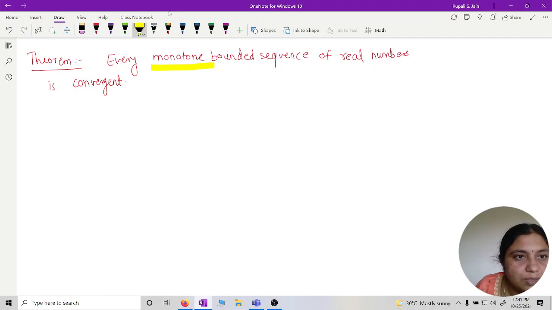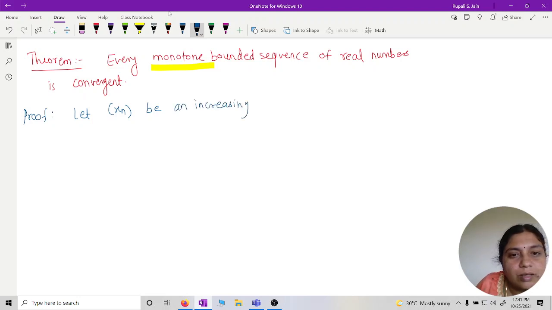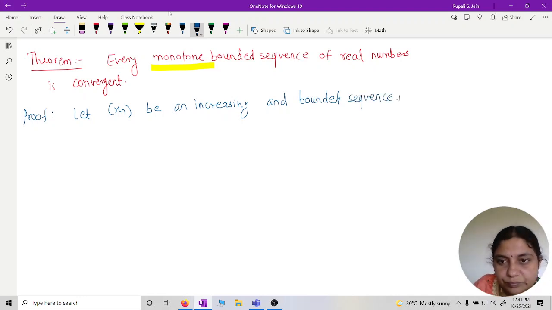So in the proof, let xn be an increasing and bounded sequence in R.